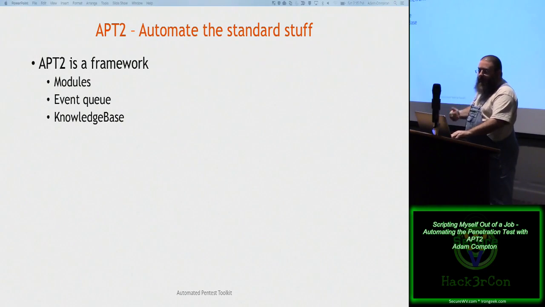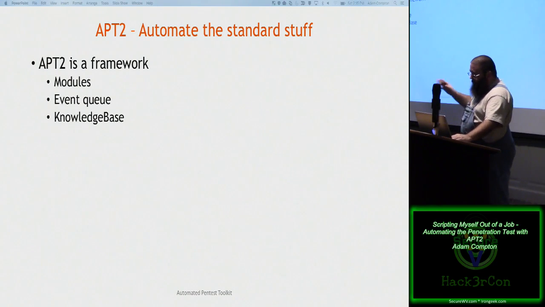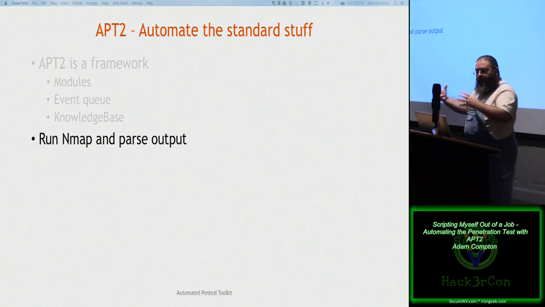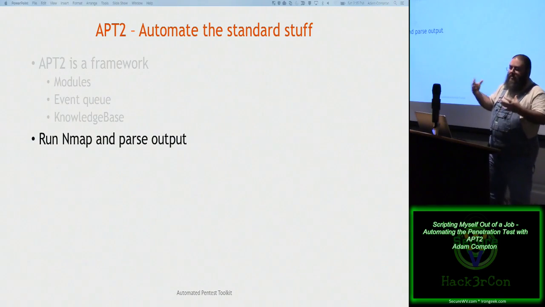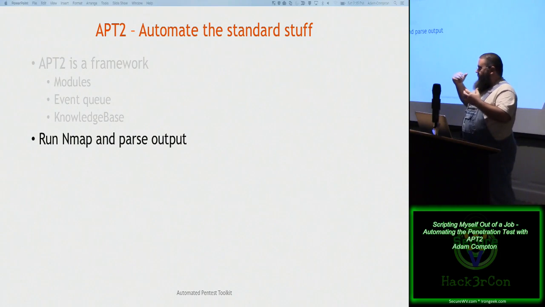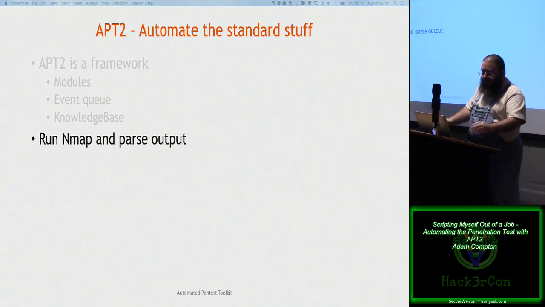And so we get into APT2. It handles all of this in the form of three basic components. A set of modules which do various actions we'll talk about, an event queue which helps it decide when to run these various actions or modules, and a knowledge base to store everything in the background to make decisions.